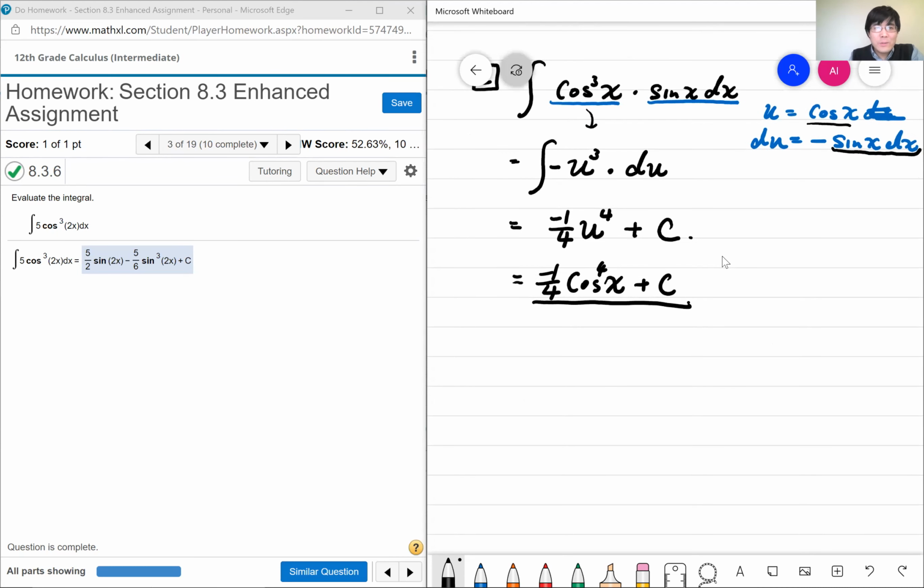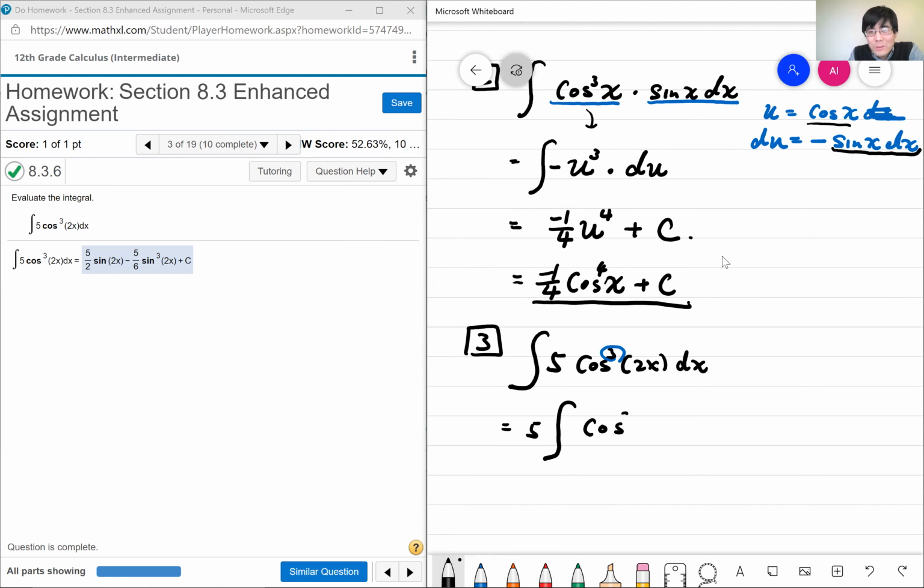Next one is a cube of cosine only. So no sine is included. So 5 times cosine cubed of 2x dx. The first thing to check is whether this is odd or even. Because this is odd, you can break one of them apart. 5 is just a scalar, so put it outside of the integral.